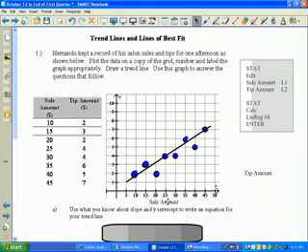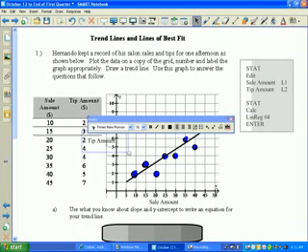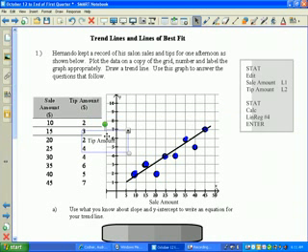So sales amount is going to be the x, tip amount, that'll be my y. Okay, so now that my axes are labeled, I have my points, I drew my trend line, now I'm going to see if I can answer the following questions.